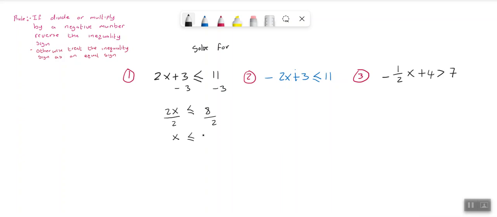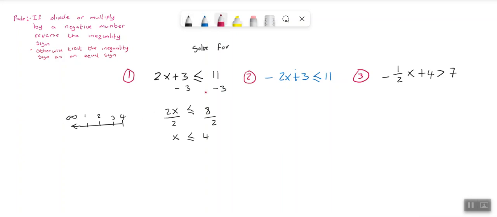equal to 4. And again, if I want to draw this on a number line, sometimes they ask you to draw it on a number line. So we have, let's say, 4, 3, 2, 1, and that'll go all the way to infinity. So it goes in this direction.